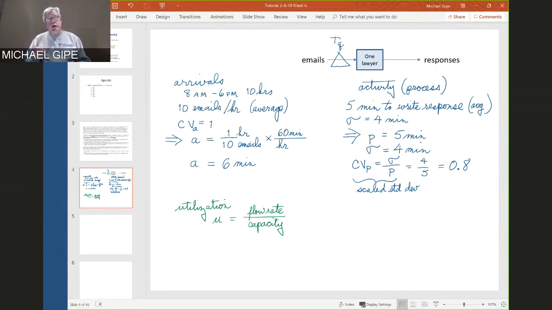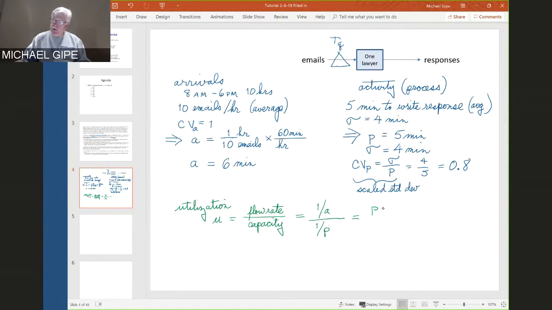If we're looking at implied utilization, we're looking at the demand rate instead of flow rate. And that's going to be, what's the flow rate of requests coming in? It's 1 over the inter-arrival time, A. What's the capacity? It's the rate at which the lawyer can process these things, and of course that's 1 over the process time.